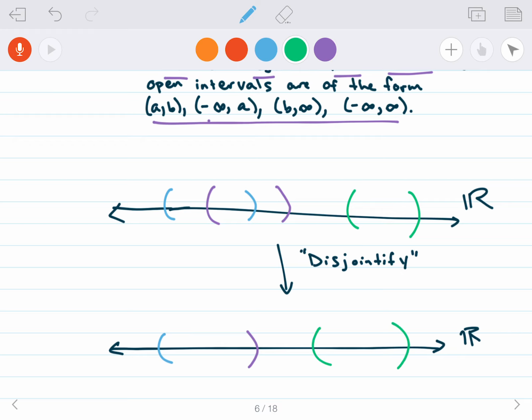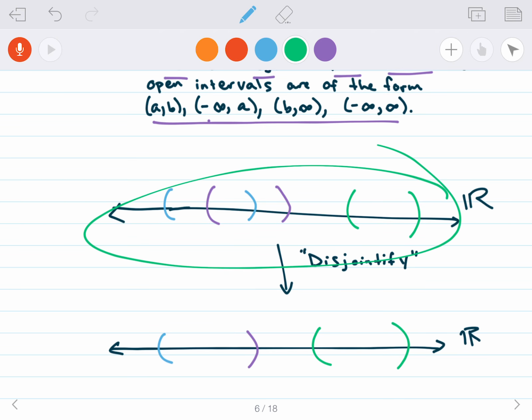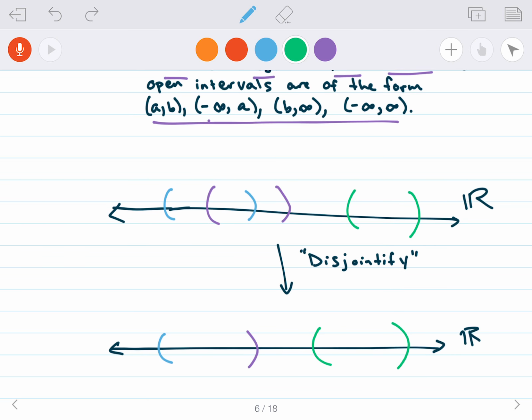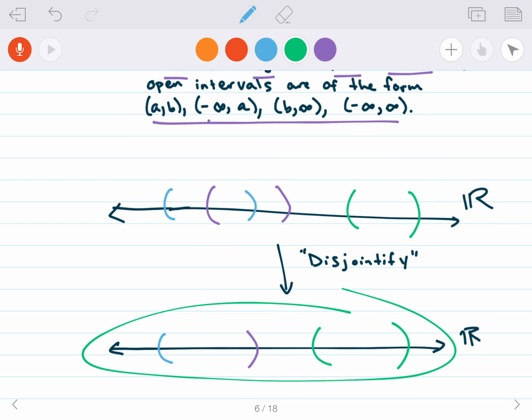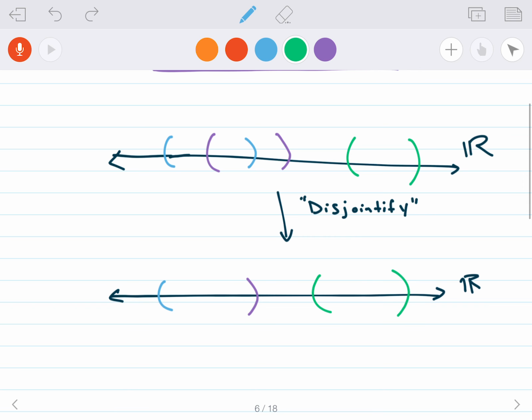Up here we didn't have disjoint intervals, but here we do. And so this theorem guarantees that we can always have that. So this is a countable union of disjoint open intervals.